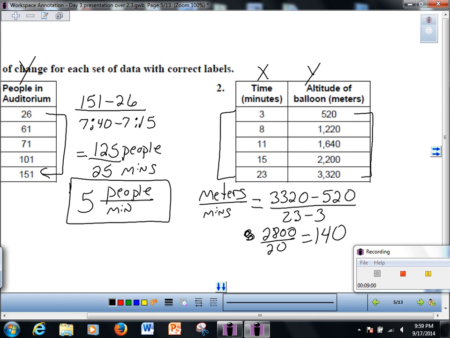What is it? It's 140 meters per minute. So my balloon was going up 140 meters every minute, which makes a lot of sense. But this is all there is to rates of change.